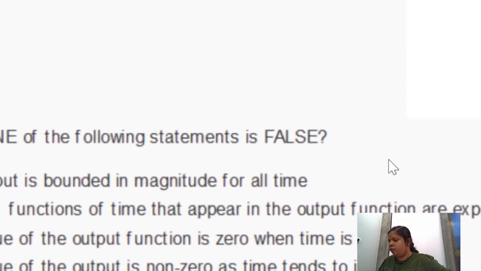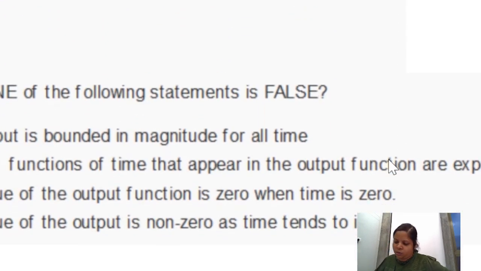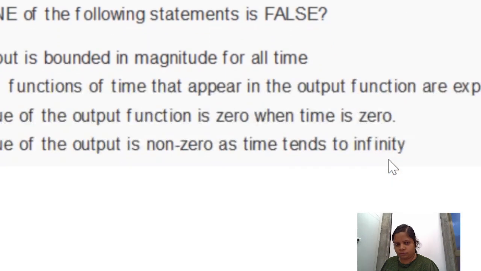So yeah, 15th question I want you all to answer. It is related to the answer that you've got. If it is bounded, if exponential, or what are the options, please tell me. Option A, madam.